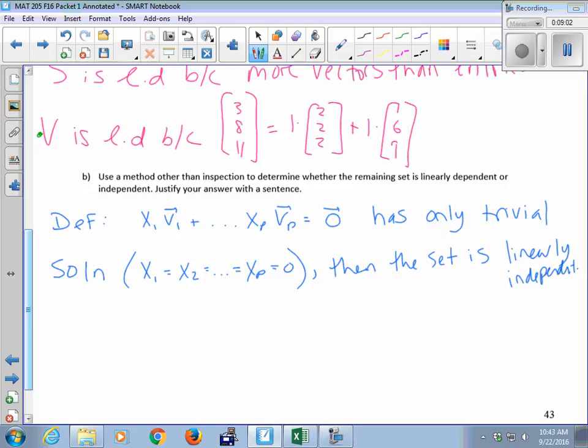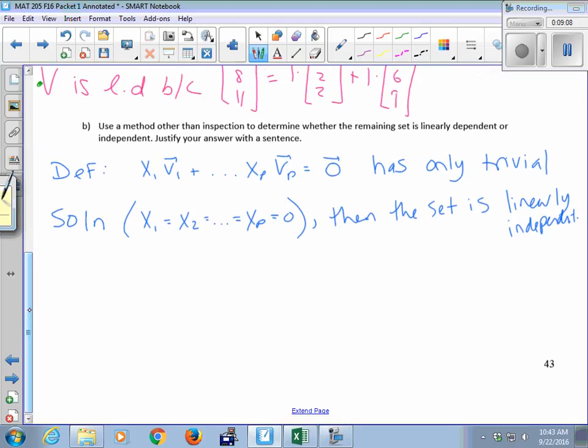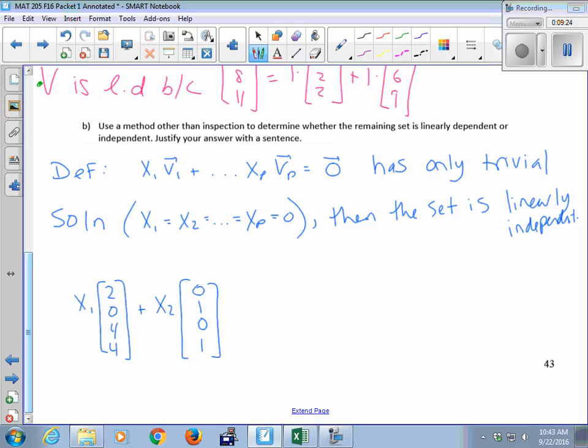So I'm going to solve this vector equation with our three vectors. What I'm trying to set up is my weights: x1 times my first vector in the set, 2, 0, 4, 4, plus x2 times the next vector, 0, 1, 0, 1, plus x3 times 0, 0, 1, 1.